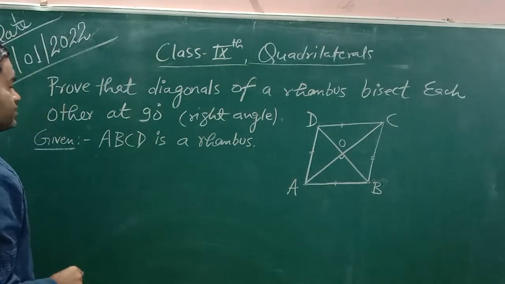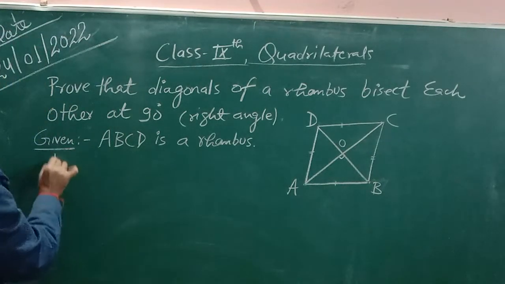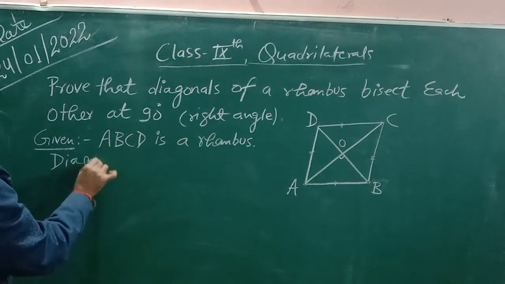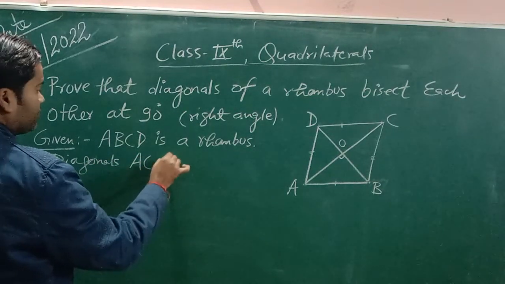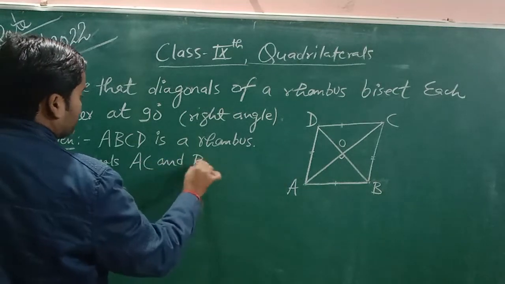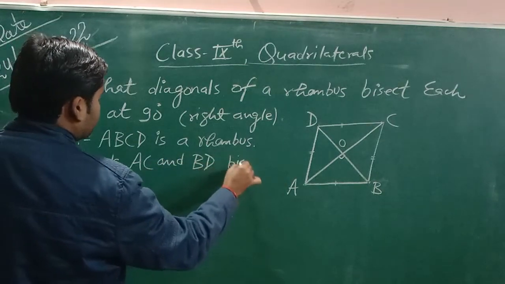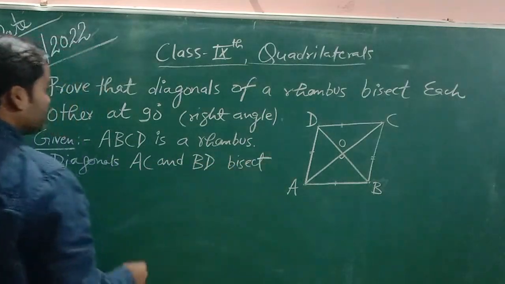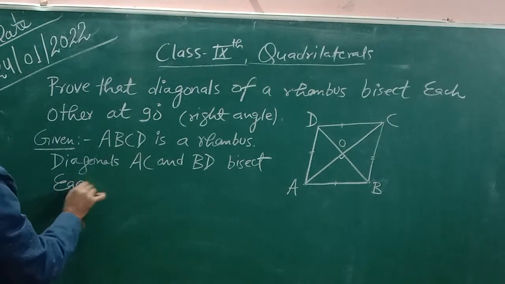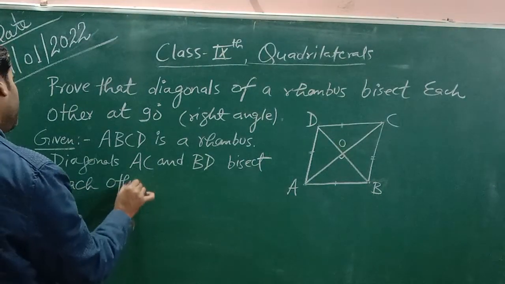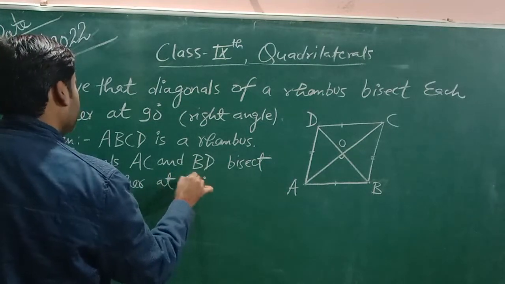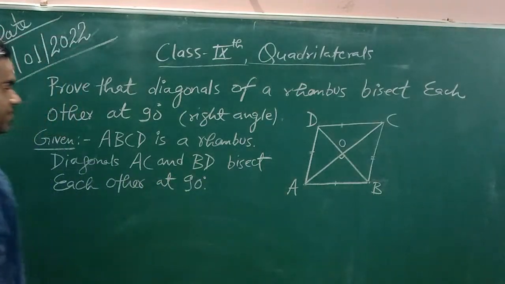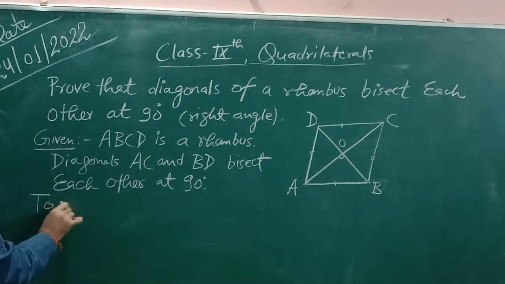Diagonals AC and BD bisect each other at 90 degree.